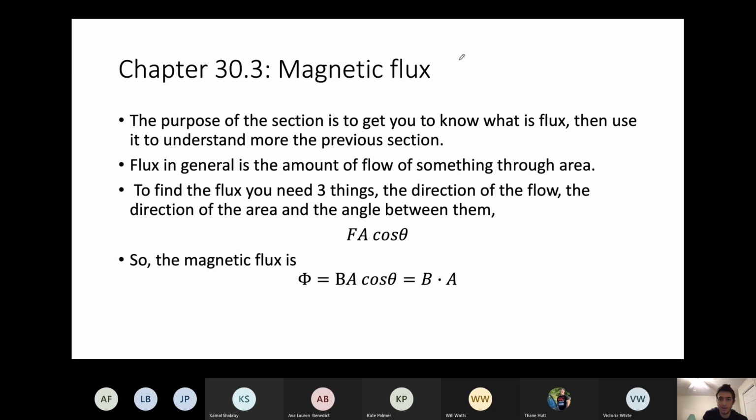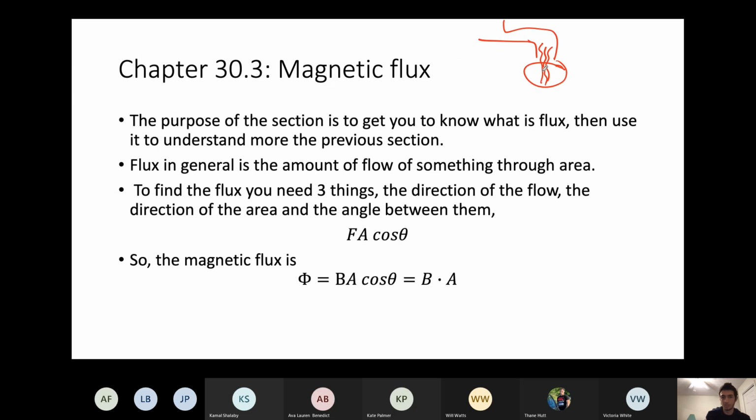Let's say you have a tap open, and there's water coming out of it, and you have some sort of a circle. Flux is simply the amount of water coming out through this circle in 1 second.